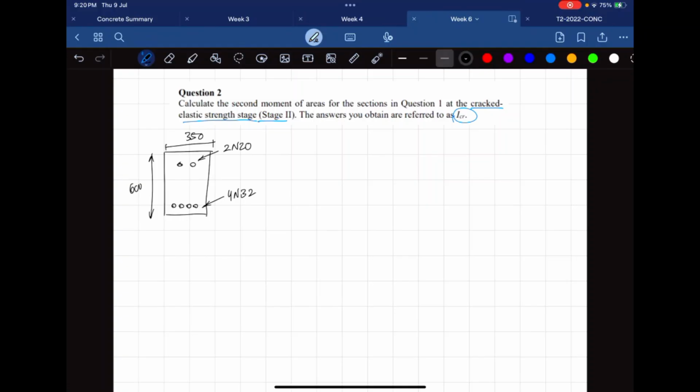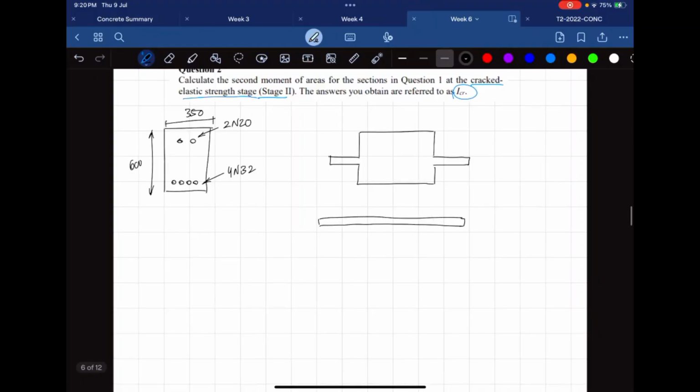Okay, hold on, let me think. Let's draw the transformed section. Actually, no, we already know what the transformed section looks like. Because we know it's in the second stage, I'm just going to draw the transformed section straight away, like this. So this over here is still n minus 1 ASC, which we remembered to be 3920 mm squared.